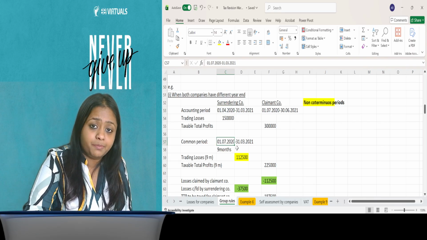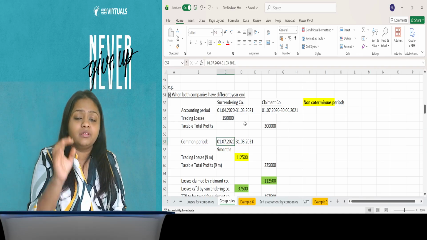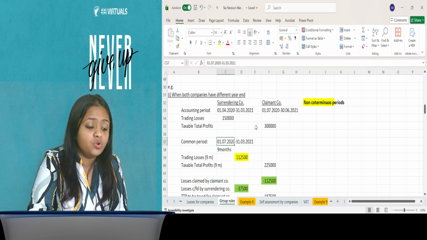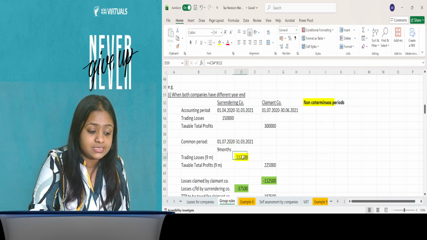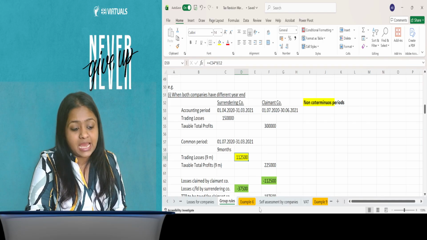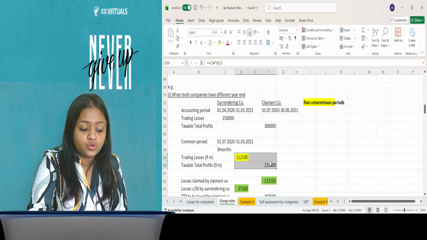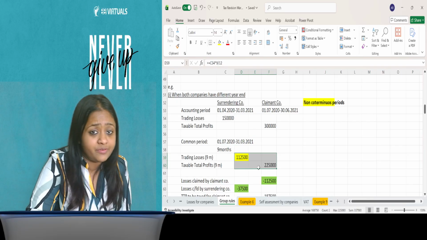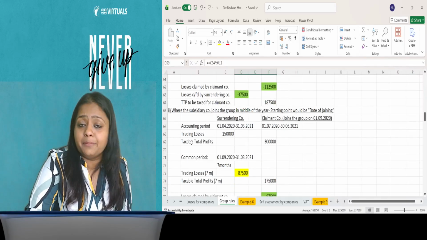So please calculate proportionate loss and proportionate profit for this period only, and the losses that can be surrendered would be lower of the two. Like here, the surrendering company's 9 months losses are 112,500, and the claimant company's 9-month profits are 225,000. So maximum losses that can be surrendered would be lower of the two, which is 112,500. Clear? Great. Let's take some more examples like this.